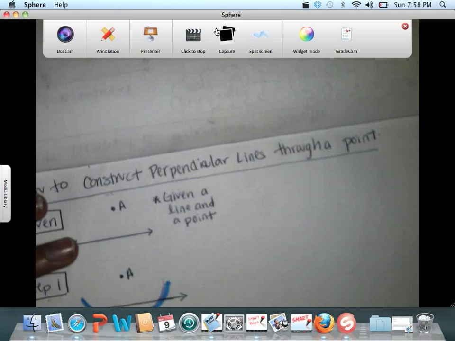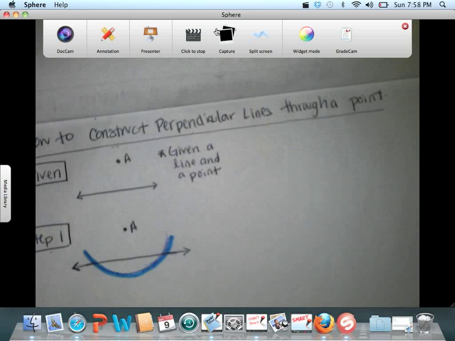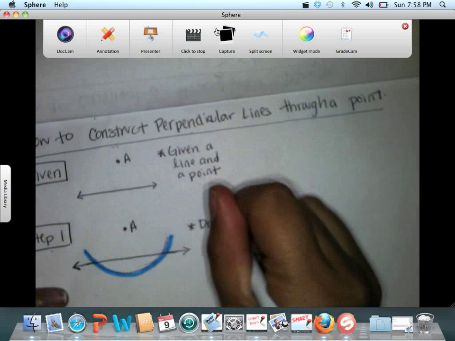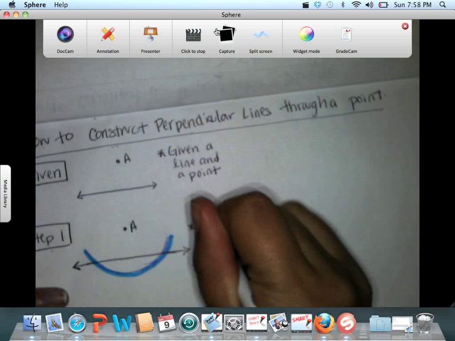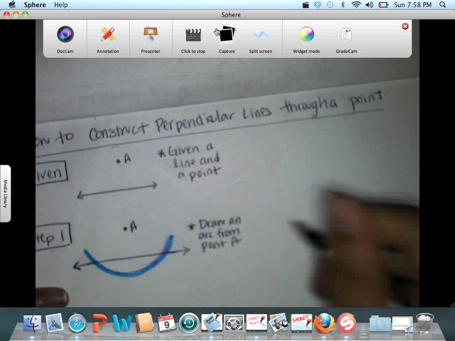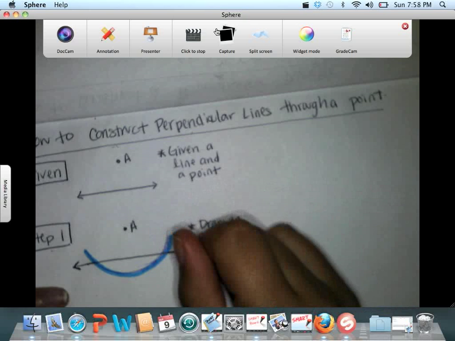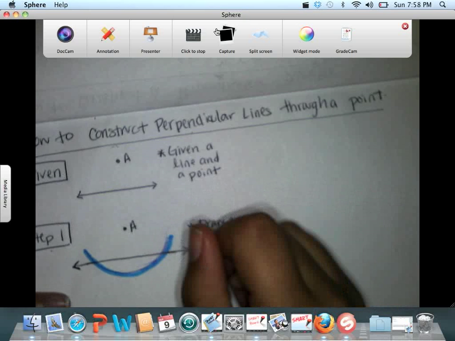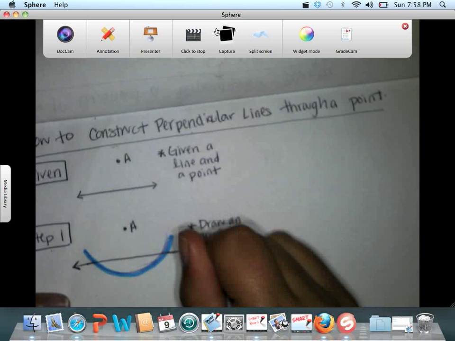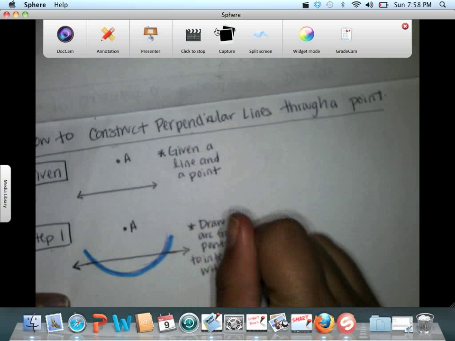Okay? So your first step is to draw an arc from point, in this case A, draw an arc from point A to intersect with the line.